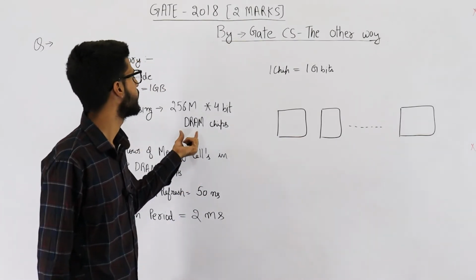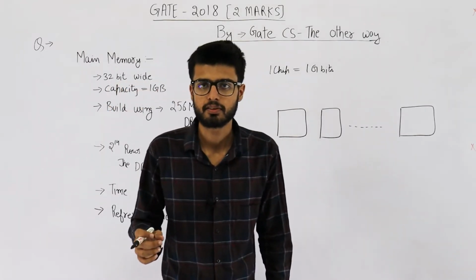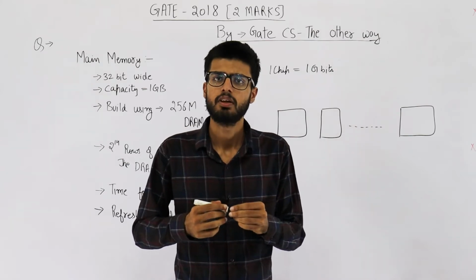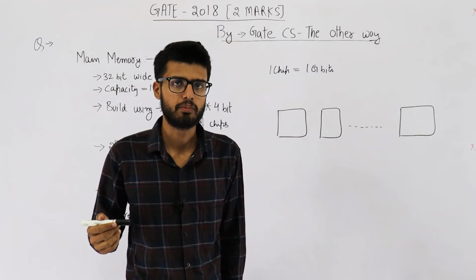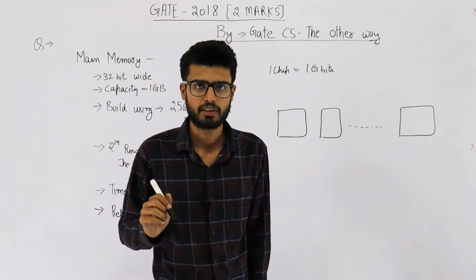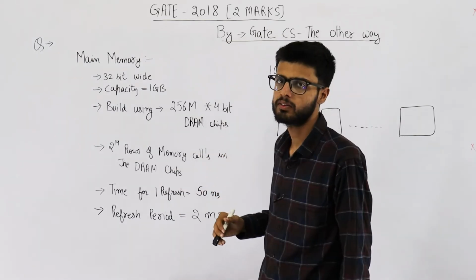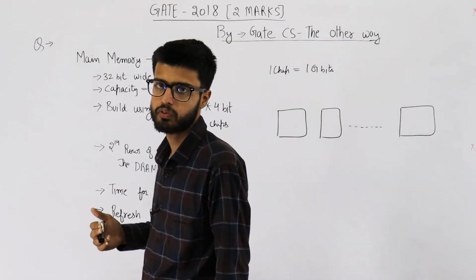Also, you know DRAM or dynamic RAM is made up from capacitors. These capacitors lose charge over time. That means if they are not refreshed after certain amount of time, they will lose the information that is saved in them. That's the reason it is called dynamic. Also, they need to be refreshed after a constant amount of time.